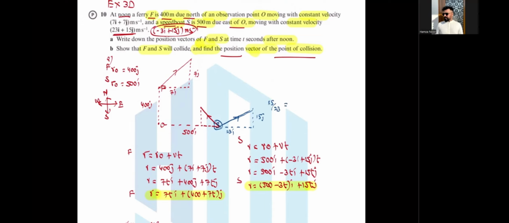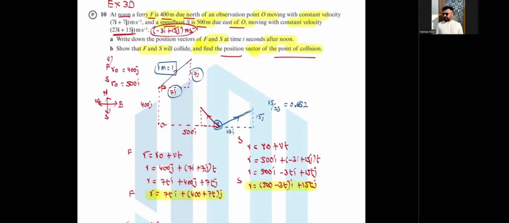This is 0.652. However, for the ferry, the gradient would be 1 because the change in y is equal to the change in x. So the path of the ferry has a gradient of 1 and this line has a gradient of 0.652. So basically, the line for the speedboat is flatter as compared to the line of the ferry.